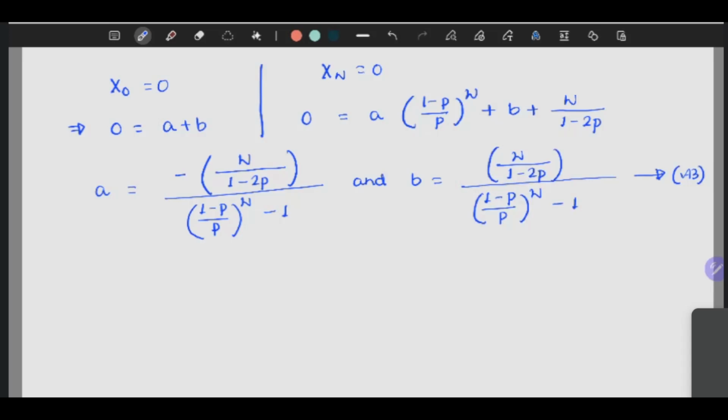So now, since you have got a and b, we can easily write the final solution of this problem.